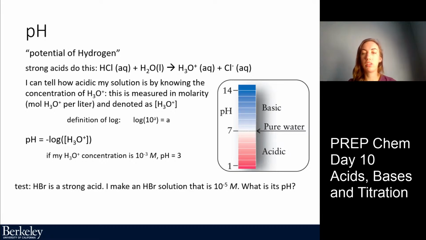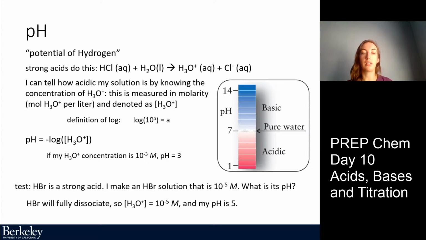Okay, so the first thing we need to realize here is that because HBr is a strong acid, every molecule of HBr will undergo this reaction where it reacts with water to form H3O plus and Br minus. And so that means that my H3O plus concentration will also be 10 to the minus 5. And so therefore, my pH, by the definition of pH, will be 5.